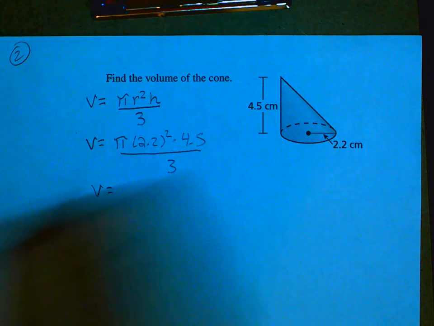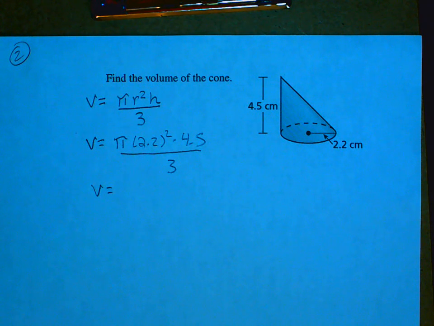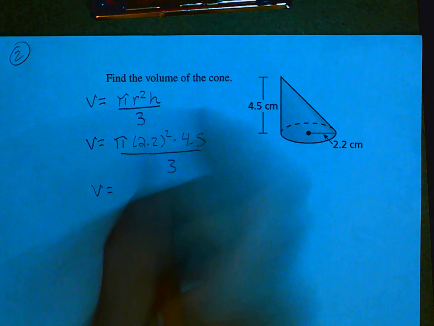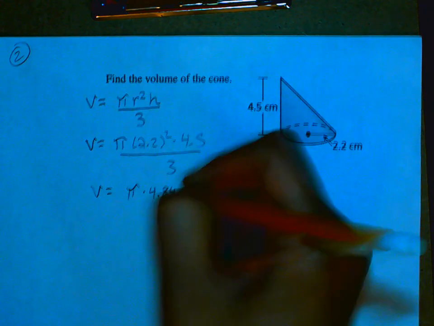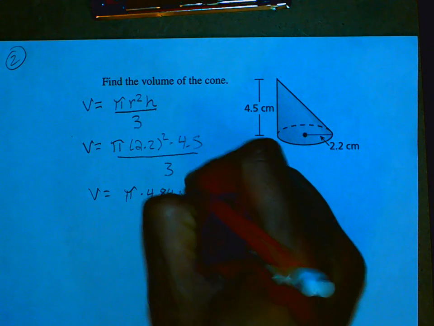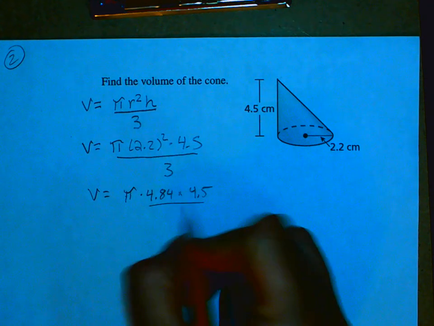Let's simplify everything in terms of pi, and then we'll multiply everything by a decimal. So 2.2 squared gives me 4.84 times 4.5 divided by 3.